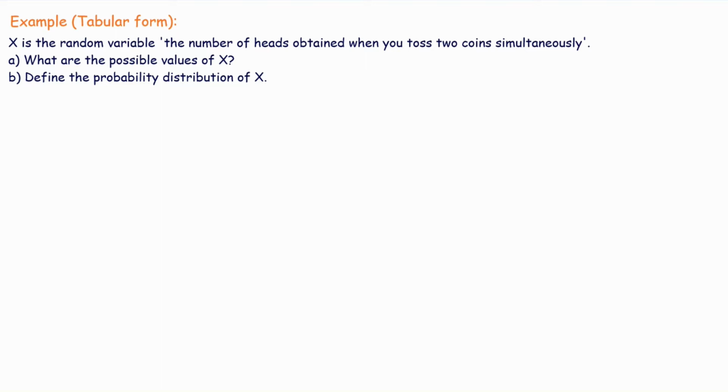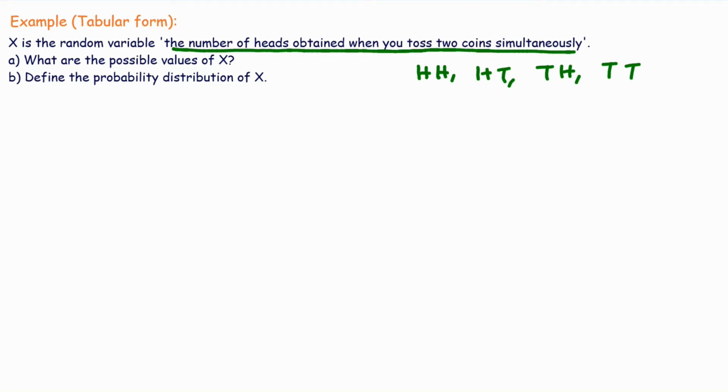If you toss 2 coins simultaneously, you're likely to end up with these possible outcomes: head head, head tail, tail head, and tail tail.